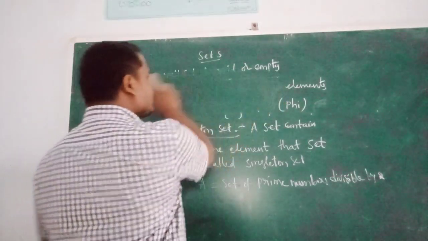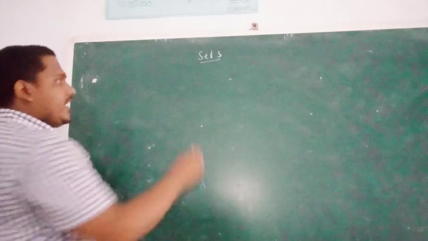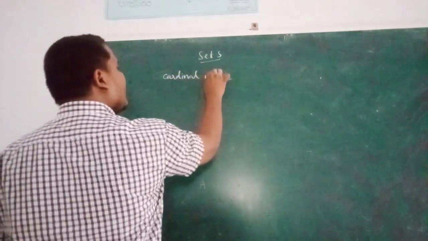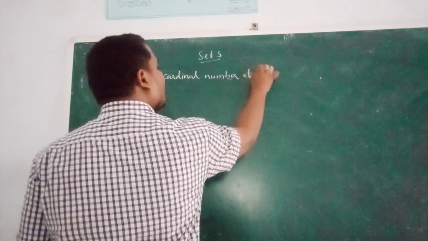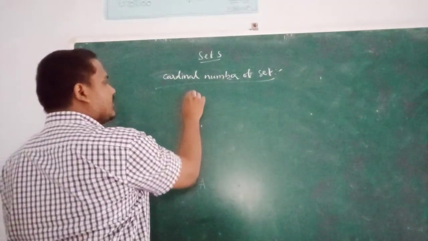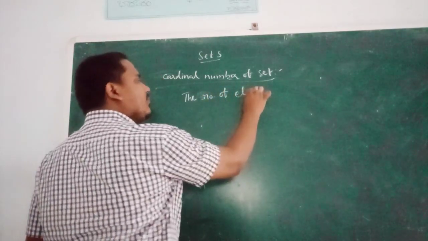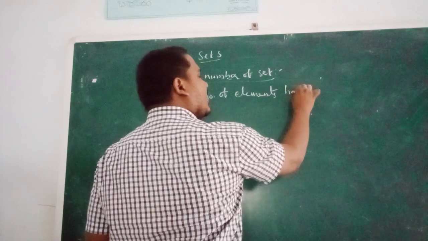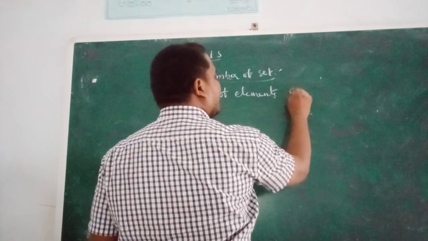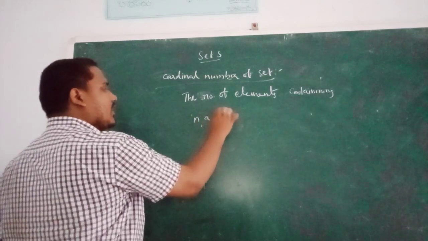Okay, next, what are equal sets and equivalence sets? What is the cardinal number of a set? The cardinal number of a set means the number of elements contained in a set.